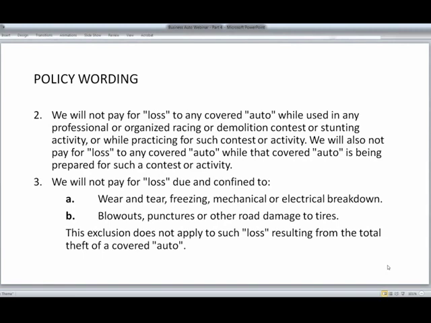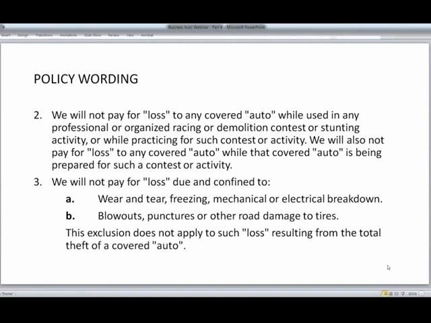So if you have insureds who are involved in racing at all, then you need to address that exposure under a different coverage form. Maybe even marine coverage would be the best option here, where you specifically cover it. It would not be covered for liability and would not be covered for physical damage, excuse me, under the commercial auto policy.